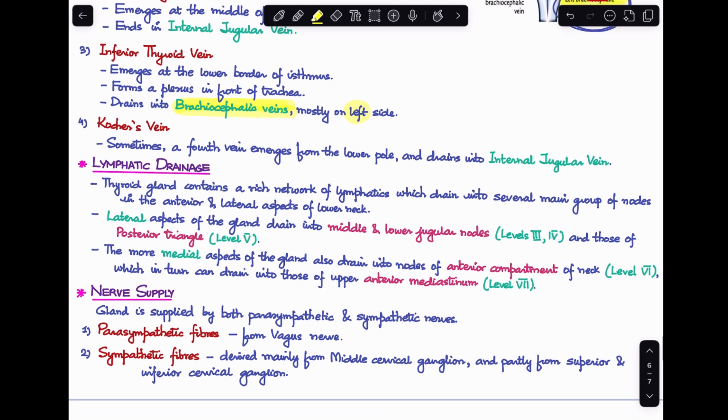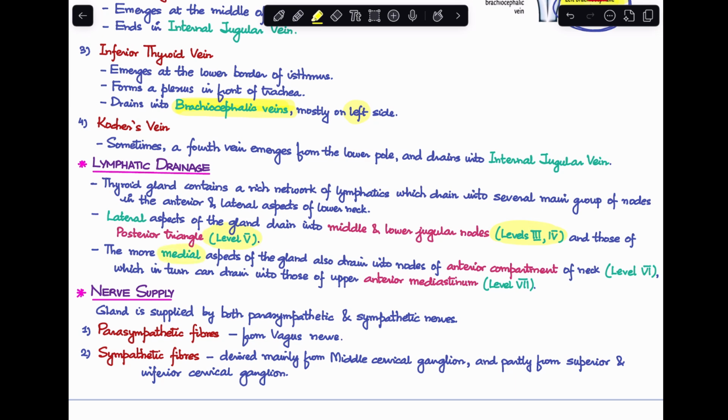Now let's talk about the lymphatic drainage of the thyroid gland. A thyroid gland has a very rich lymphatic network, and it drains into several different groups of nodes in the anterior and lateral neck. So let's divide it into two parts: lateral aspect of the gland and medial aspect of the gland. Now everything from the lateral aspect of the gland drains into the level 3 and the level 4 jugular nodes, and sometimes the level 5, which is the posterior triangle lymph nodes.